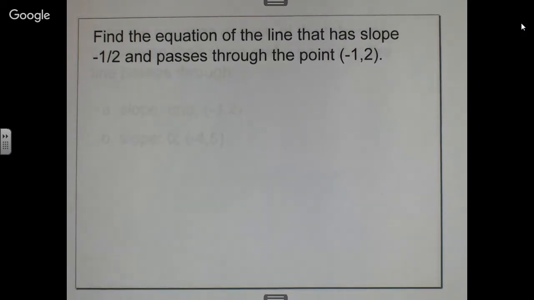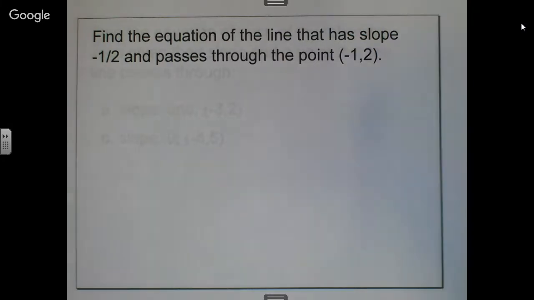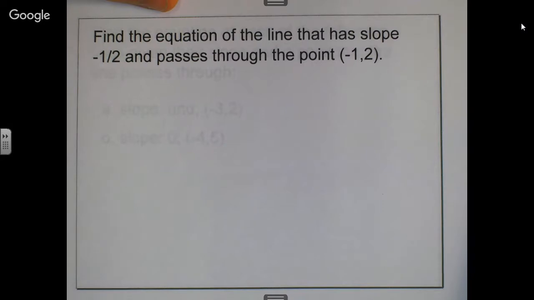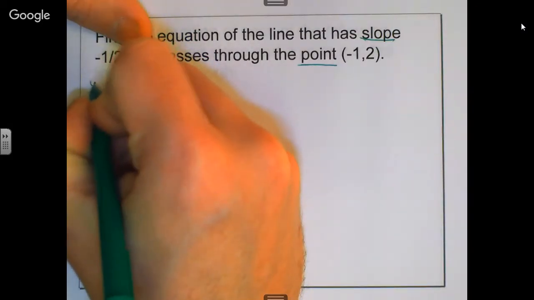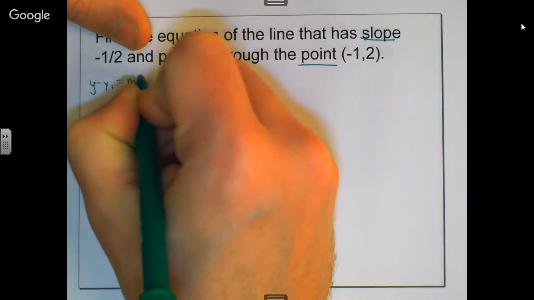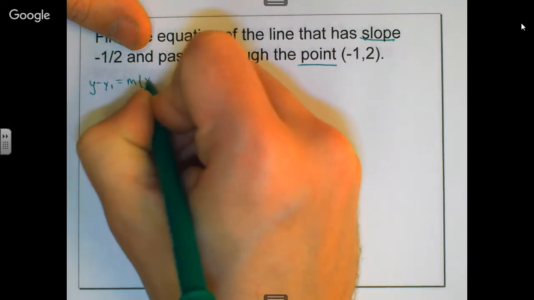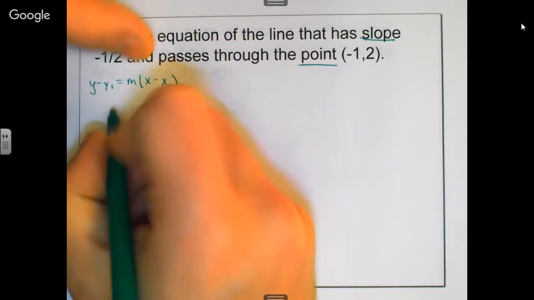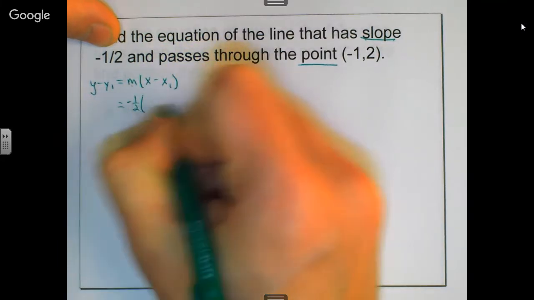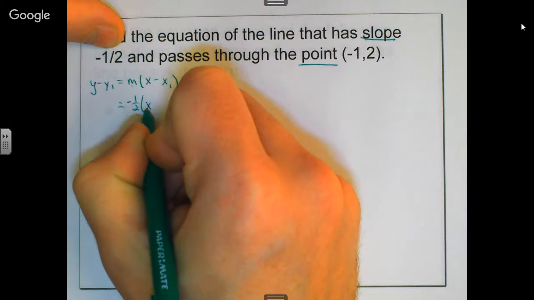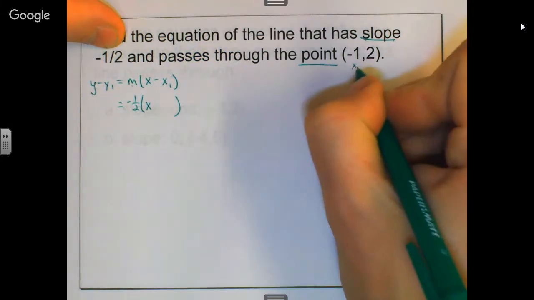Find the equation of a line that has a slope of -1/2 and passes through the point (-1, 2). There are two ways to do this one. I have the slope and I have a point, so we can start with the point-slope formula. The slope is -1/2. I leave this x alone, and this one will be x1, y1.